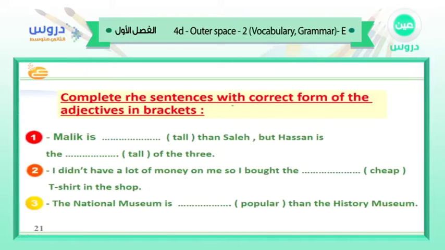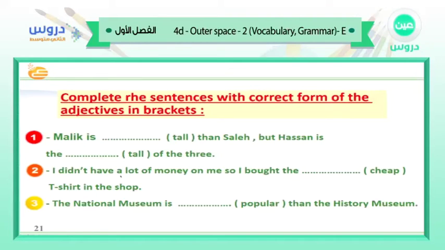Okay, complete the sentence with the correct form of the adjective in the brackets. 1. Malik is blank than Saleh. We have 2. Okay, don't forget that. Malik and Saleh, we compare between 2. But Hassan is the blank of the 3. Number 2.